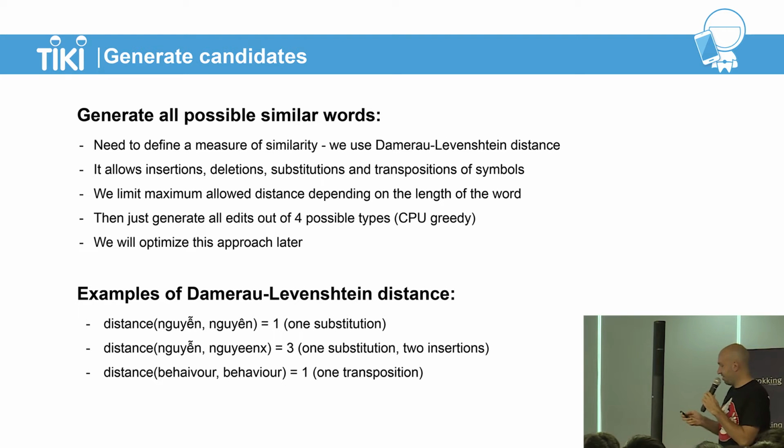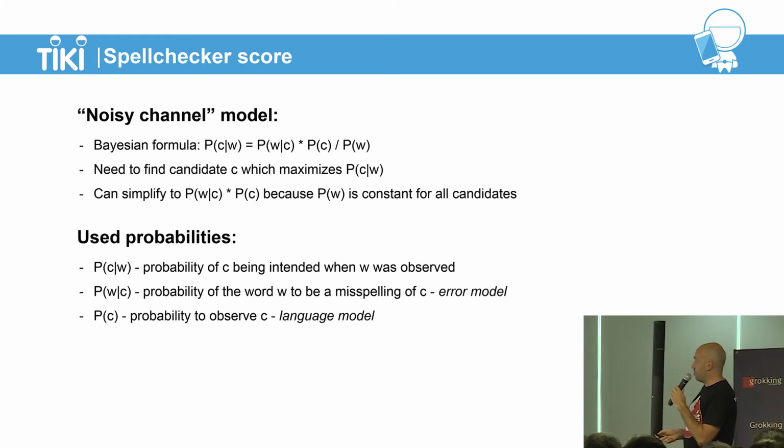Okay, so we should go further. Now the Spellchecker score function, which we use to maximize, to pick the best candidate. We use a standard noisy channel model. There are a lot of things to read about it in a more strictly mathematical way.